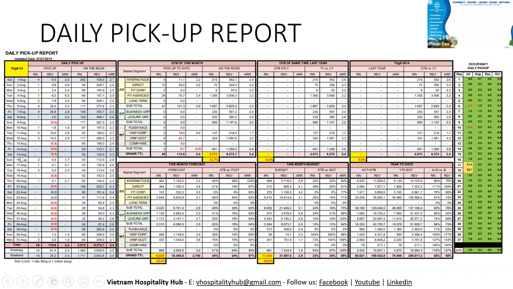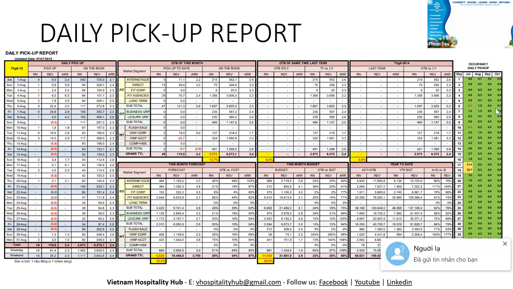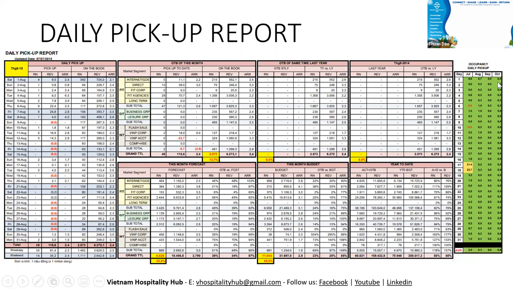So this is an example for you to understand the daily pickup report and what information is recorded on the report. And then on the right-hand side over here, you see the green one. This is the occupancy of these 4 months, July, August, September, and October. If I see the green one, that means there's a lot of room to sell.